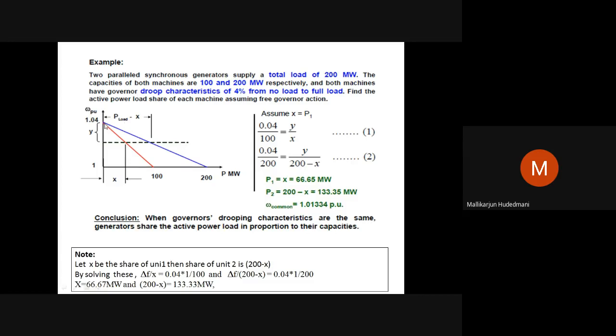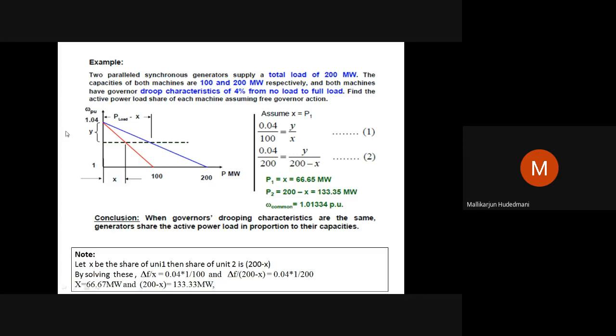From the no load frequency there is a drop in frequency by a y value. Then that line intersects the red line to get the x share, and the blue line to get the load minus x share. That's what I mean by 200 minus x. Now my question is how to calculate this.